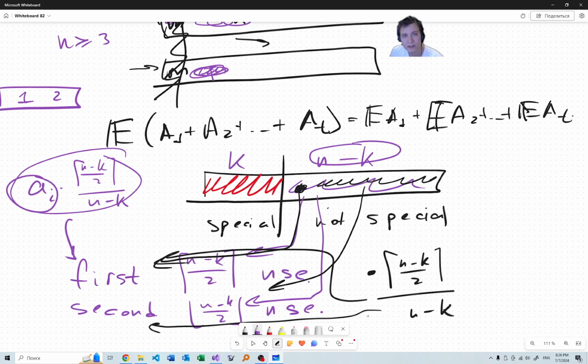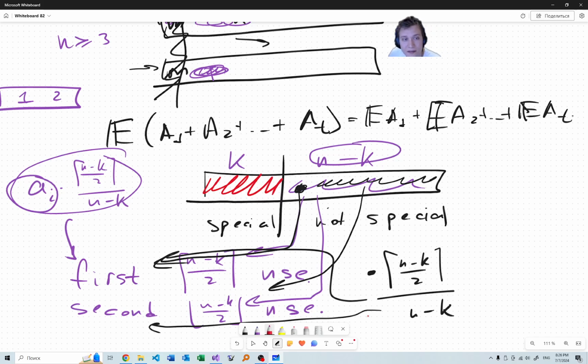And for the second player, it is the other thing. Okay? Moreover, the impact of not special elements on the result is fully defined by the order of these elements. So the only thing that we're interested in is the order of these elements.